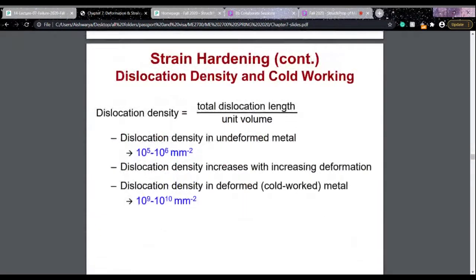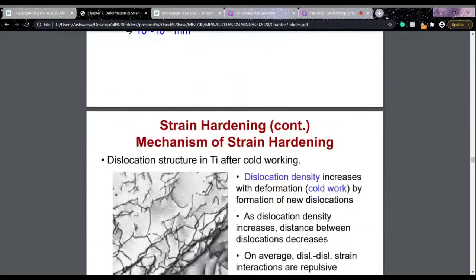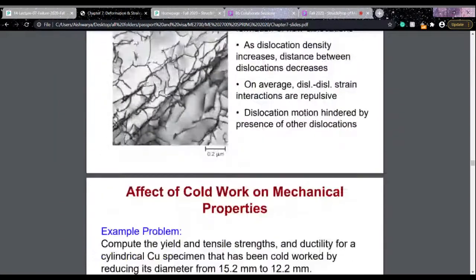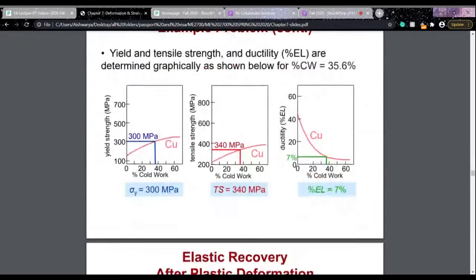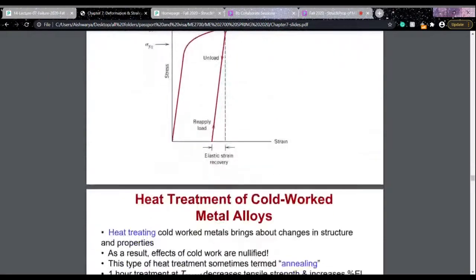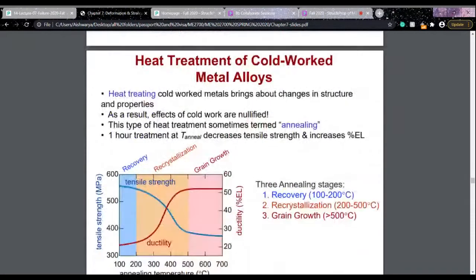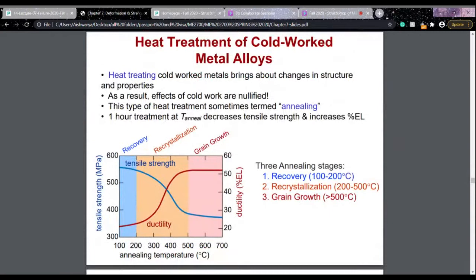To calculate the dislocation density, it is given by the total dislocation length over the unit volume. We have seen a few problems, like how to calculate the percentage cold work and using the Hall-Petch equation, in the homework solutions.